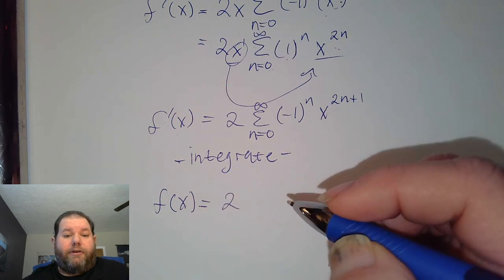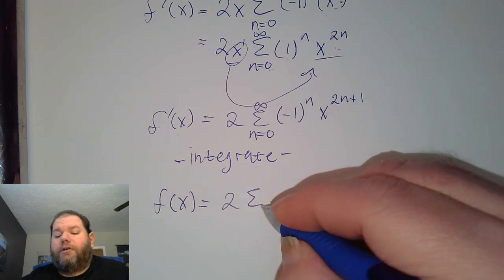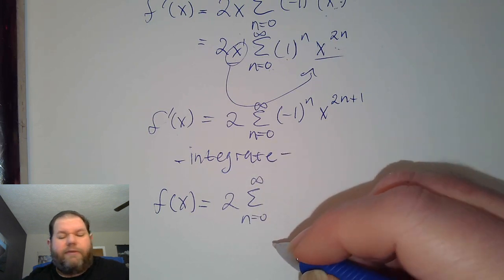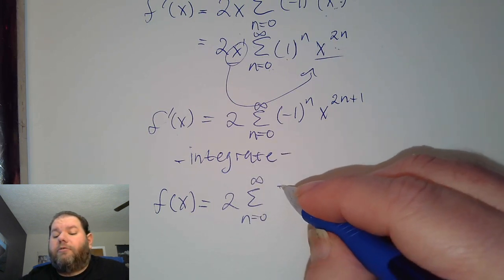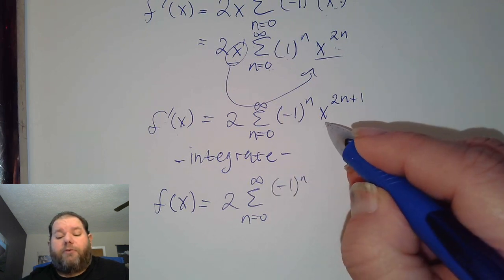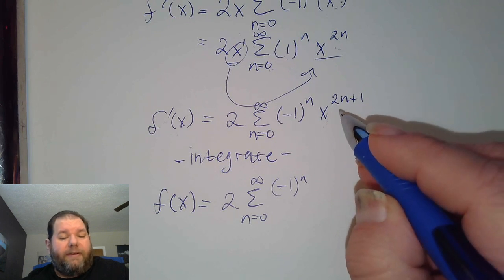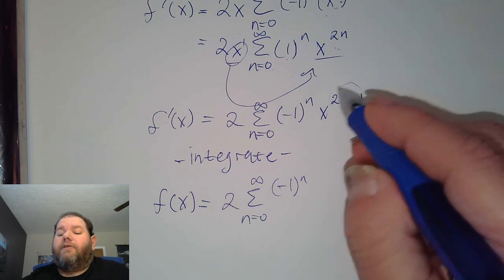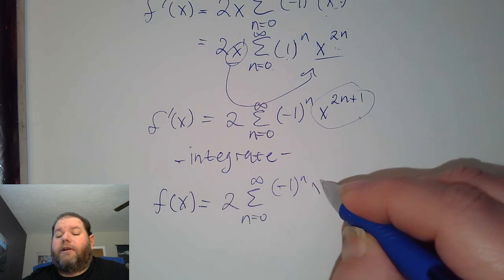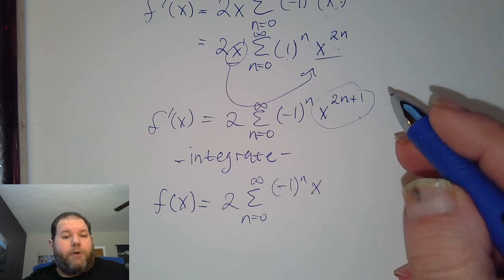We know the 2 is not going to change. Our summation doesn't change on the integral. It does change on the derivative. But what we do is we're only integrating the part with x. We're integrating with respect to x specifically. So this is the only part that ends up being integrated, this term. So make it x, and this is just a power rule.